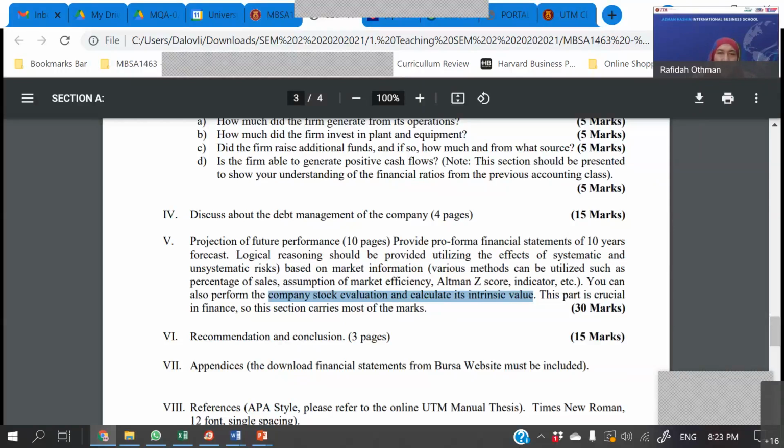From there you can see whether this company is going to perform or not in future, whether it will be able to manage its cash flow, and what the net income, the profit of the company, will be.